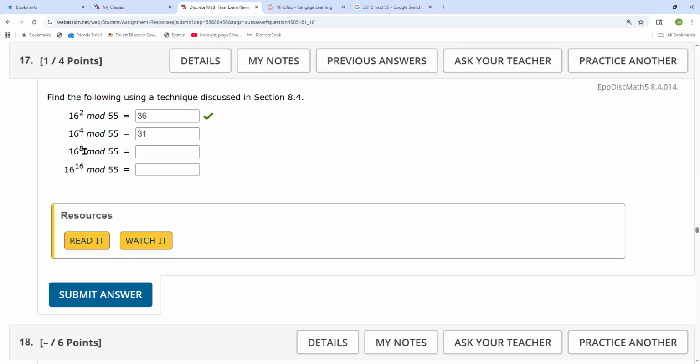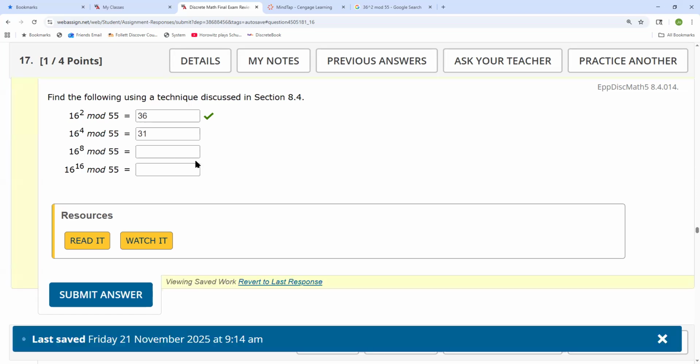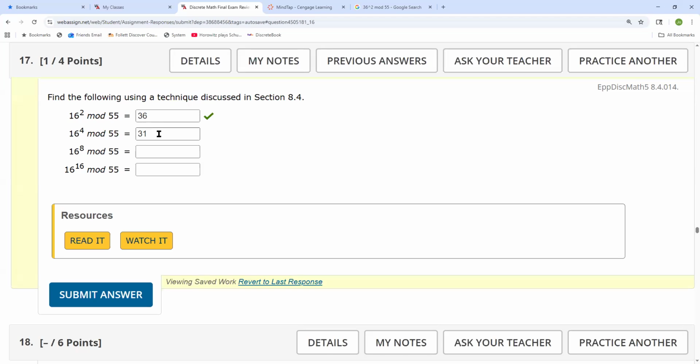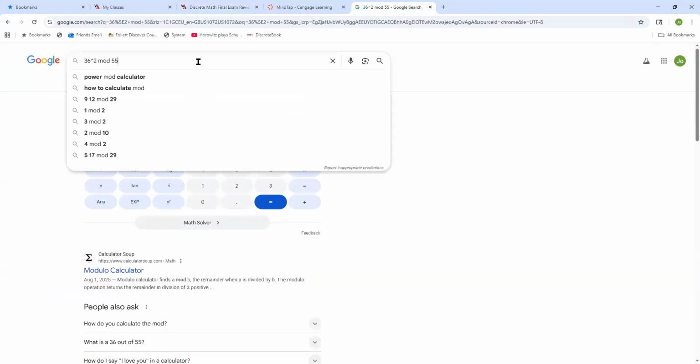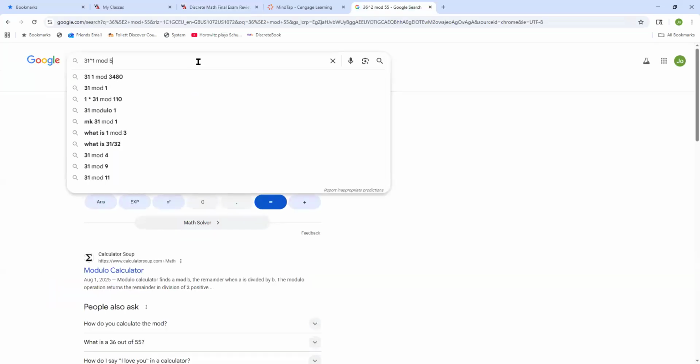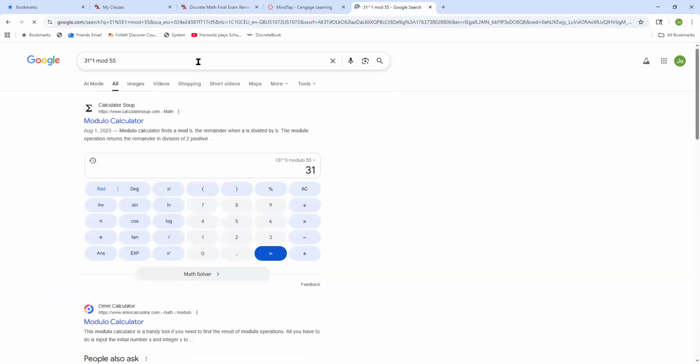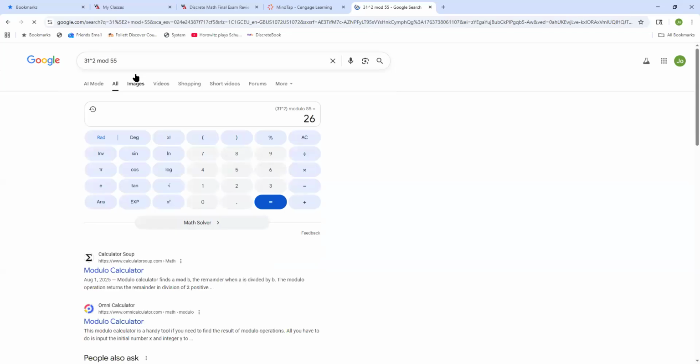Now, what's the remainder of 16 to the power of 8 mod 55? Well, remember 16 to the power of 8 is just 16 to the power of 4 squared, right? So we already know that 16 to the 4th has a remainder of 31, so we can just take 31 squared mod 55. And we'll get that answer, which is, oops, I did it to the power of 1, my fault. 31 squared mod 55 is 26.